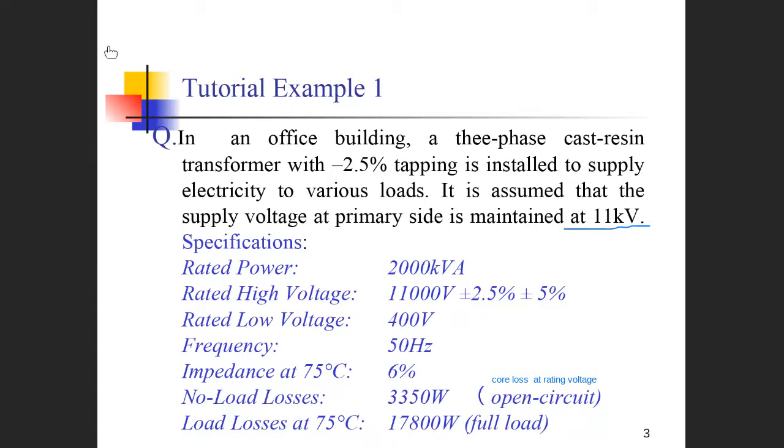I said 75 degrees means the full load case. These are the copper losses at full load currents. But this is a three-phase transformer, so these are the total powers, not for one phase of it. Impedance also is the full load case.